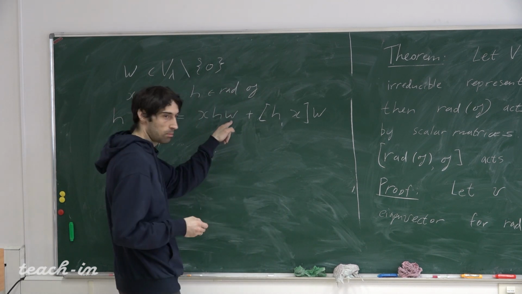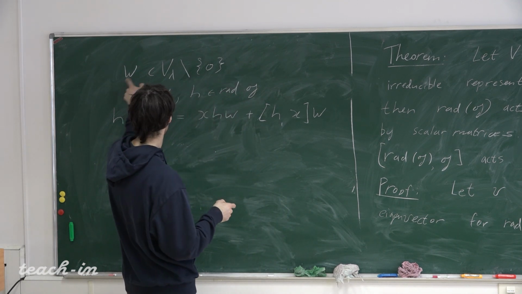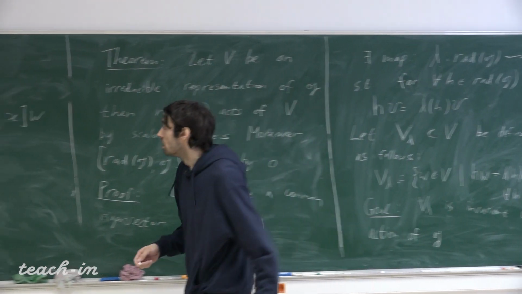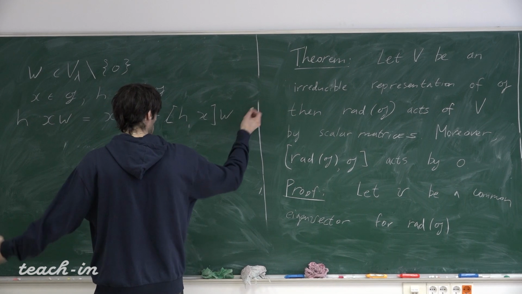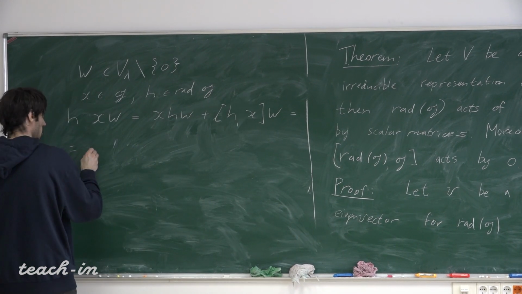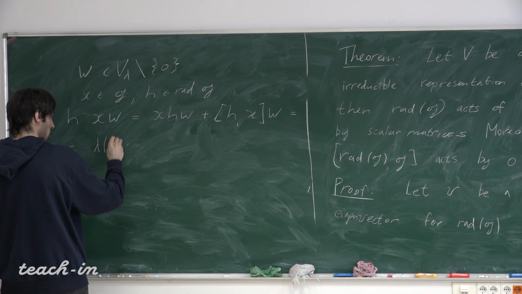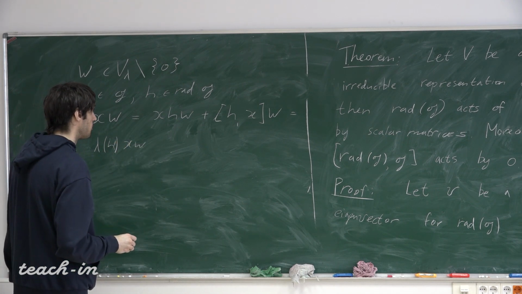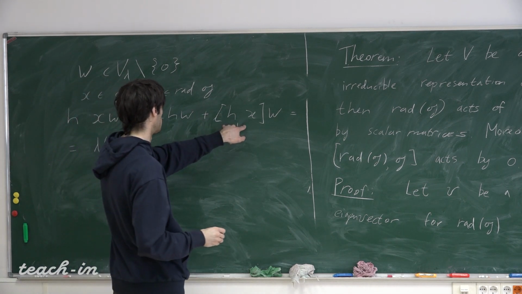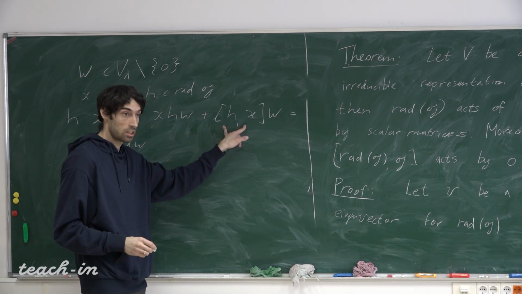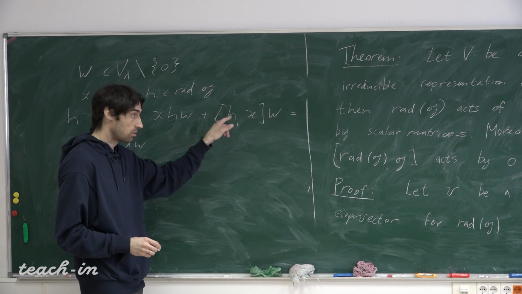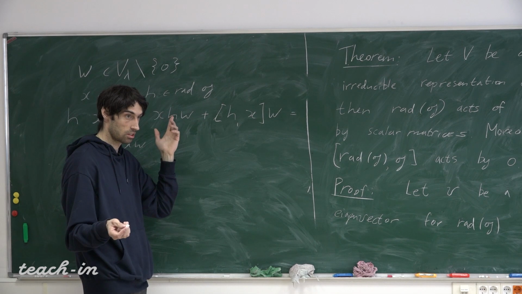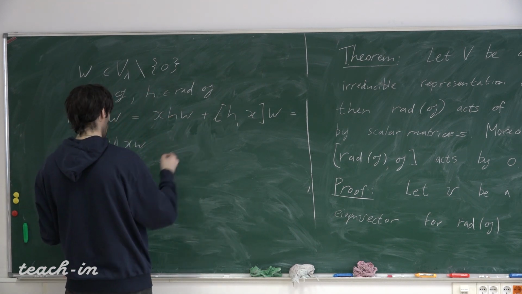So H acts on W, and we know how, because W is from V lambda. So let me continue. It is actually lambda of H times X W. This commutator lives in the radical as well, because the radical is an ideal and H is in the radical.